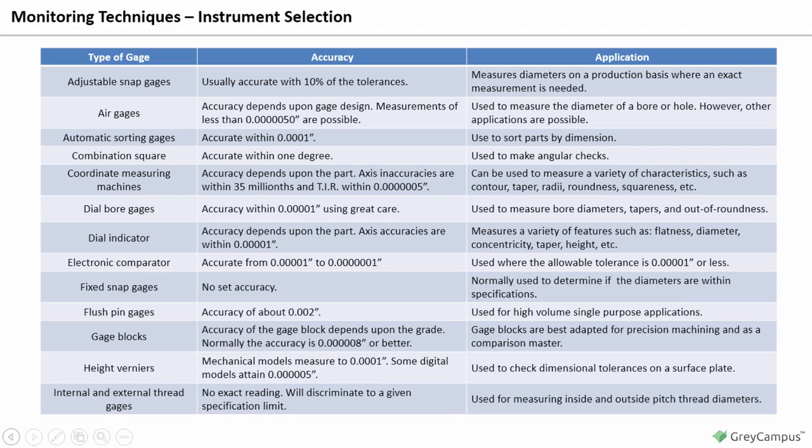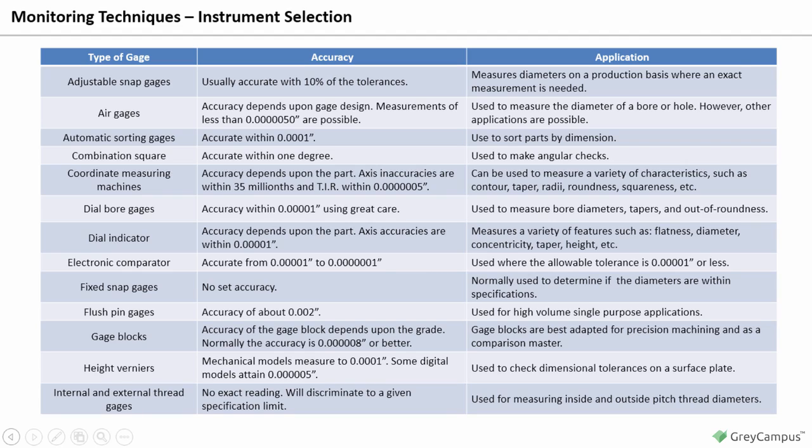The fixed snap gauges have no set accuracy and are normally used to determine if diameters are within specifications. The flush pin gauges have accuracy of about 0.002 inches and are used for high-volume single-purpose applications.